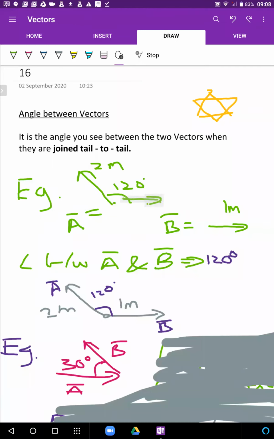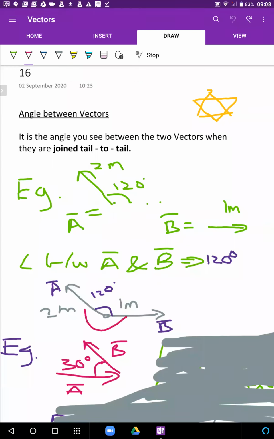एक याद करो, tail to tail कर लो, but फंडा ये है कि tail to tail की जगह head to head भी चलेगा. So that's the idea. So angle between A bar and B bar is 120 degrees. Why? Because when I join them in this fashion, when I join them tail to tail, that is the angle I see. ठीक है? ये भी चलेगा.